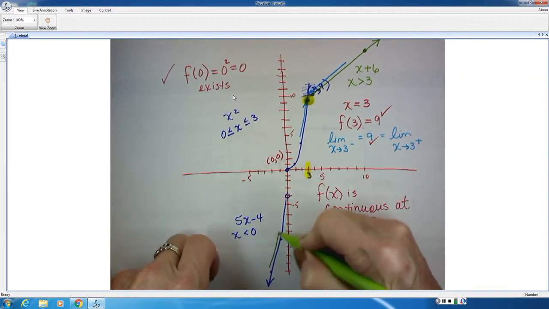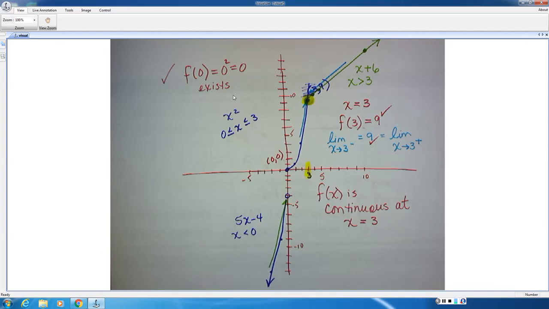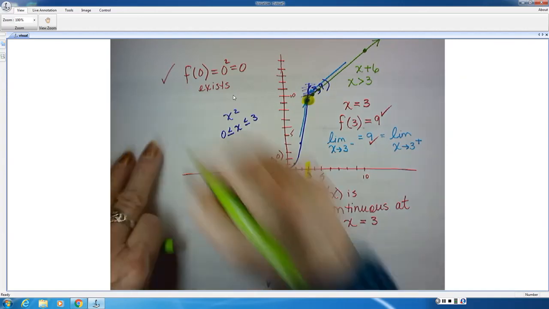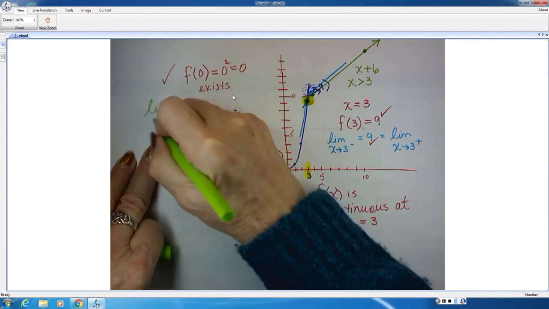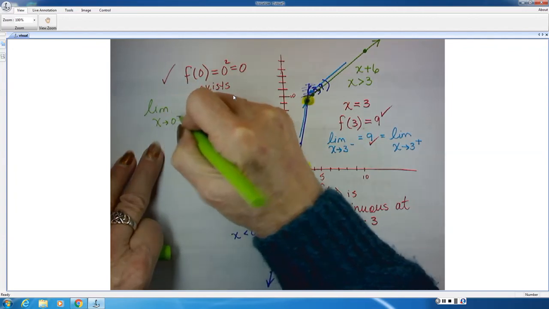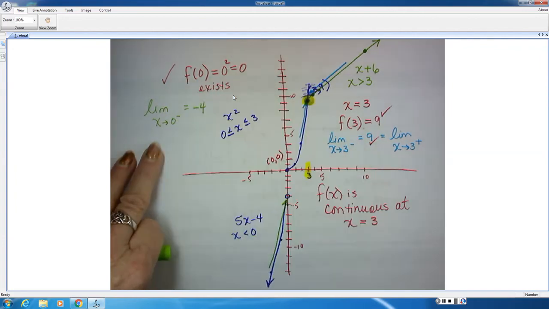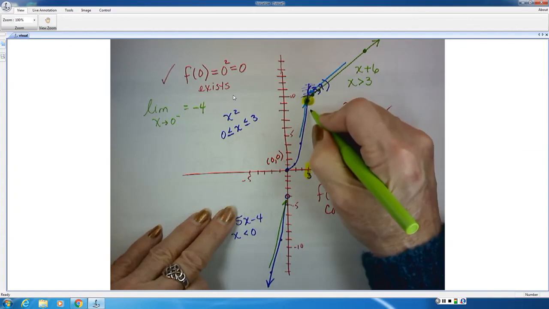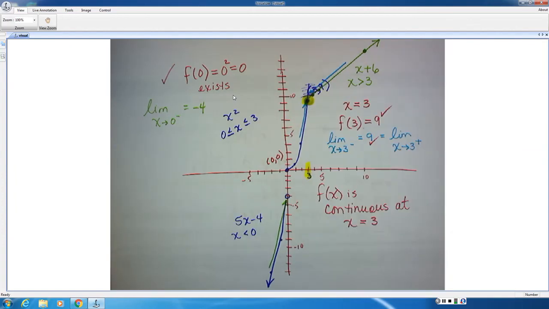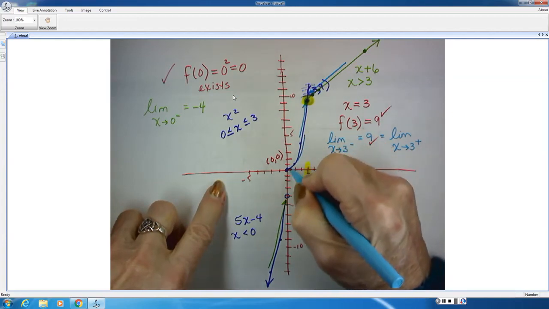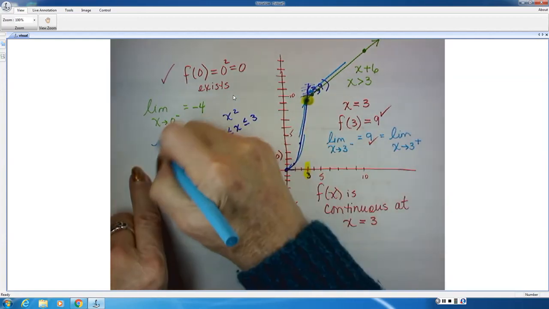So I'm approaching 0 from the left. What number does it seem to be approaching? -4. What is the limit as x approaches 0 from the right? It's 0.